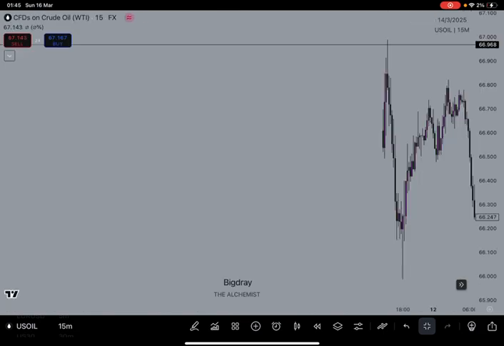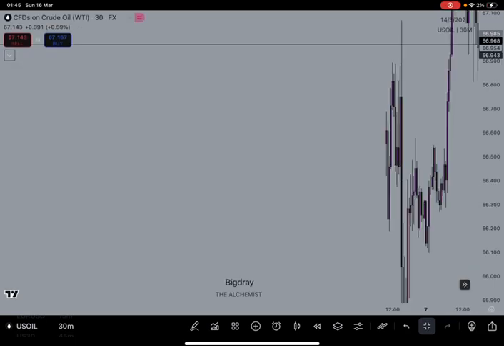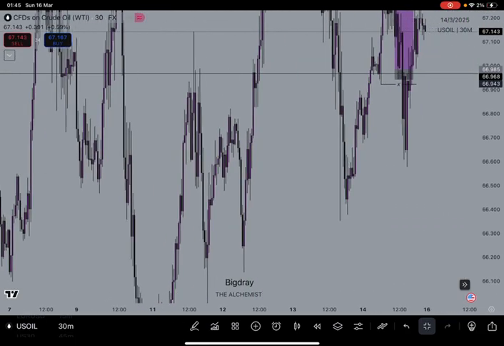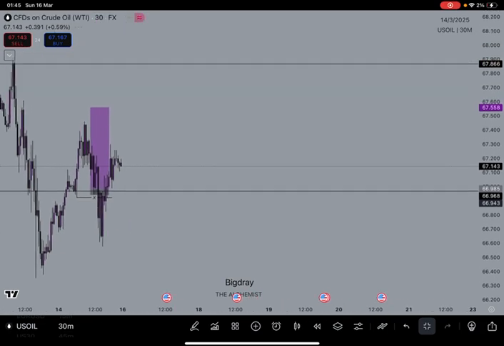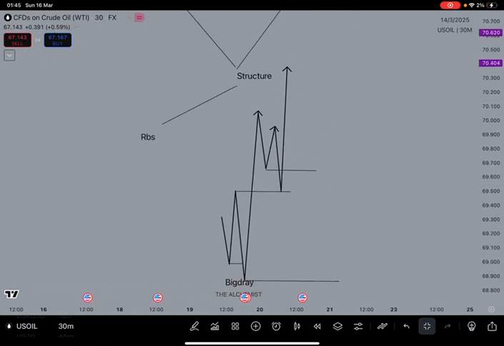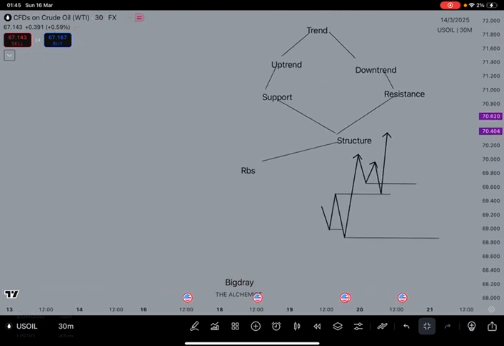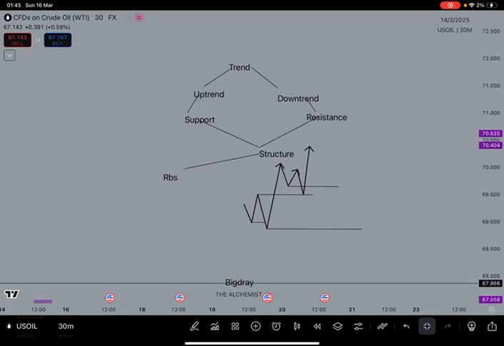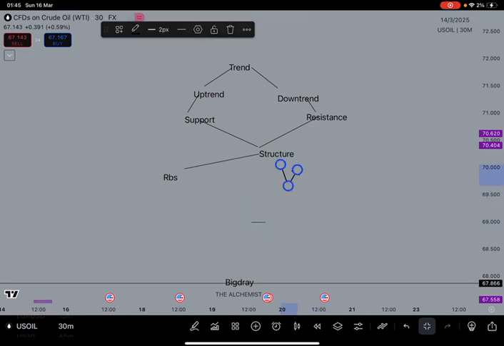You will not teach your eye how to see this without stress, because even as I'm showing you now, it will still be a little hard for you to see it on the chart. But until I adjust you and show you, you will start seeing everything clearly on the chart. So that is RBS for you, which is resistance turned to support, and SBR, support turned to resistance.